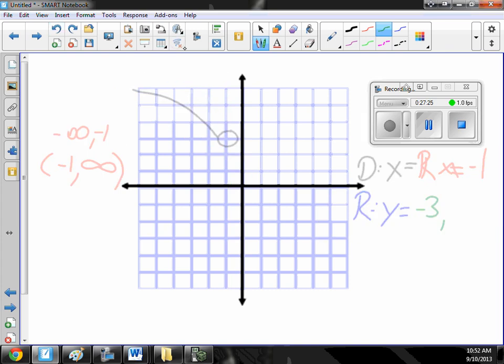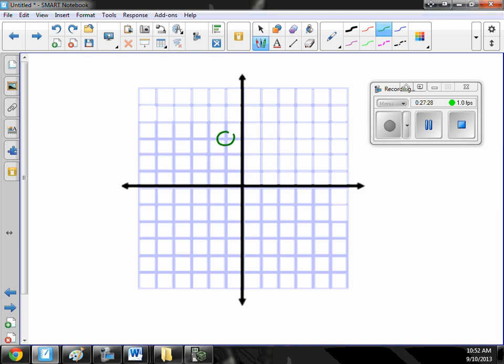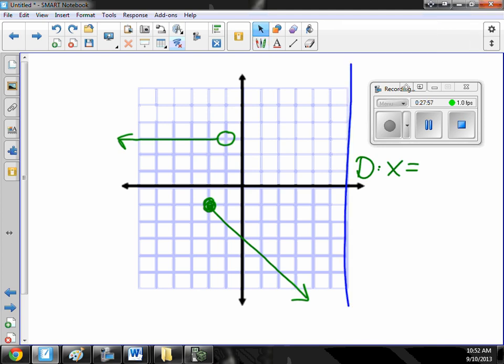Okay, what about this? Let's do this. Okay, so my domain, x equals. Is this a function? No. It does not pass the vertical line test.